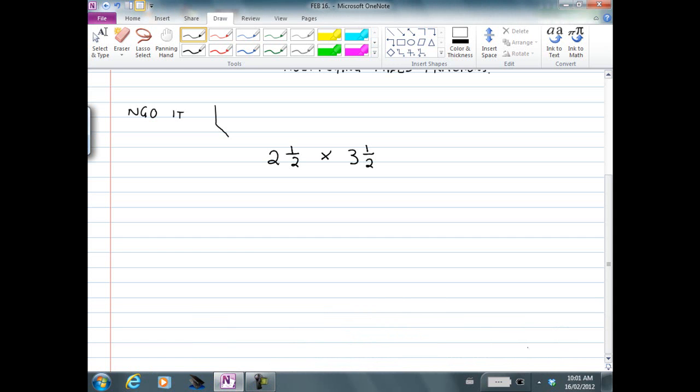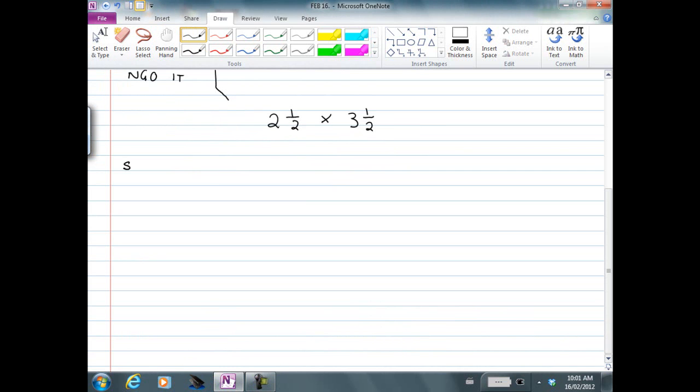Now, before I show you how to do this, I'm going to write down a few notes on how to multiply mixed fractions. Steps to success. Double C, double S, you always succeed. Step 1: Never, ever multiply mixed fractions.